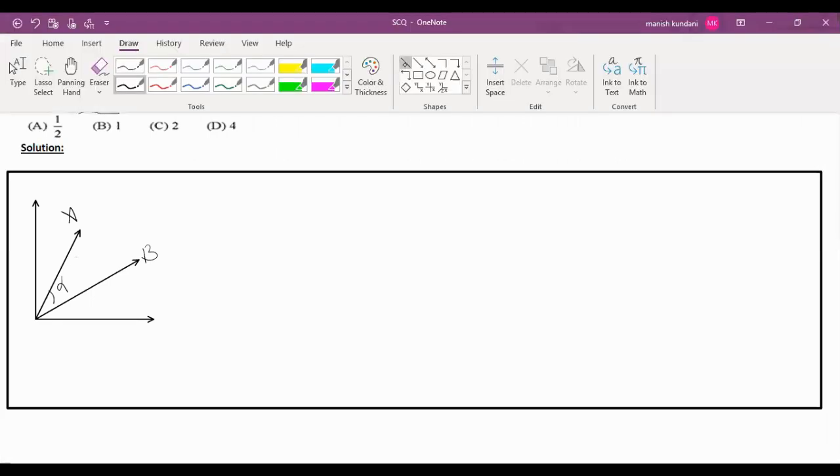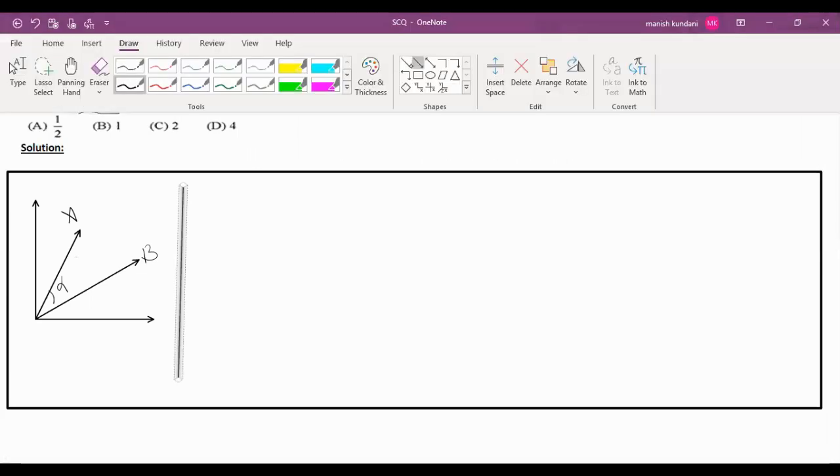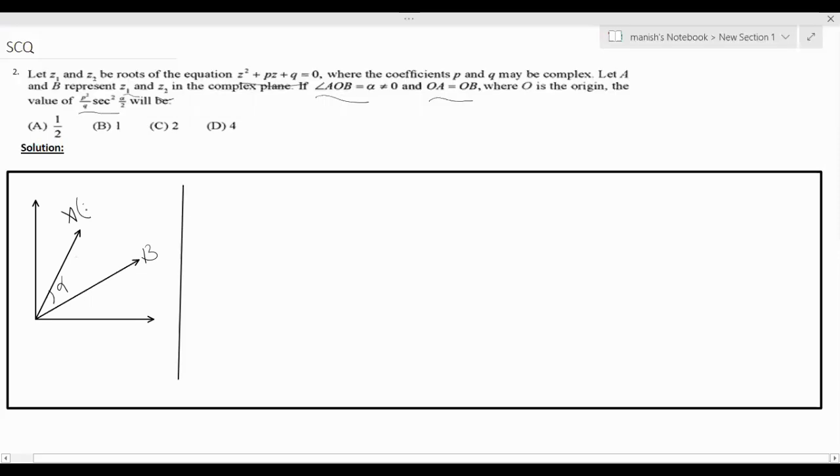So what we can do from here is get the relation between Z1, Z2 and alpha from the diagram. Let's give a thought: how can we get the relation between Z1, Z2 and alpha? We know that Z1 is actually the vertex A and Z2 is actually the vertex B in the Argand plane. And this is your origin, this is your real axis, and this you can call your imaginary axis. Okay, so let's move.